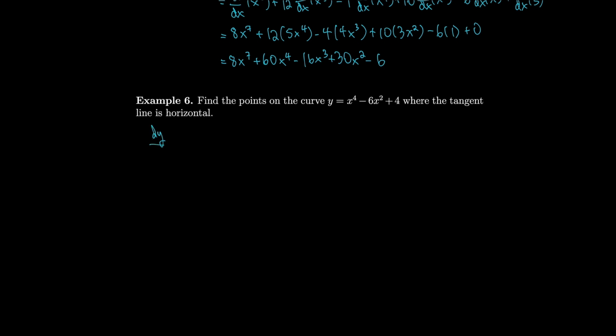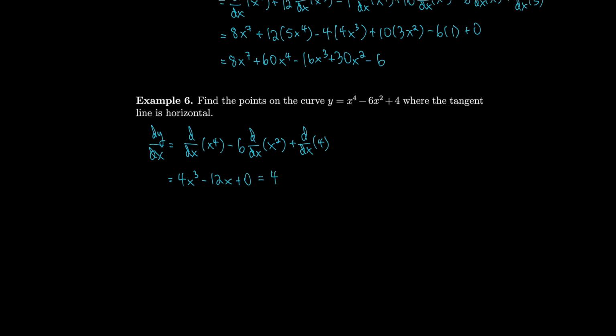So let's look at dy/dx. That's d/dx of x to the 4th minus 6 times the derivative of x squared plus the derivative of 4, but that won't matter. So that's 4x cubed minus 12x plus 0. So it's 4x cubed minus 12x.